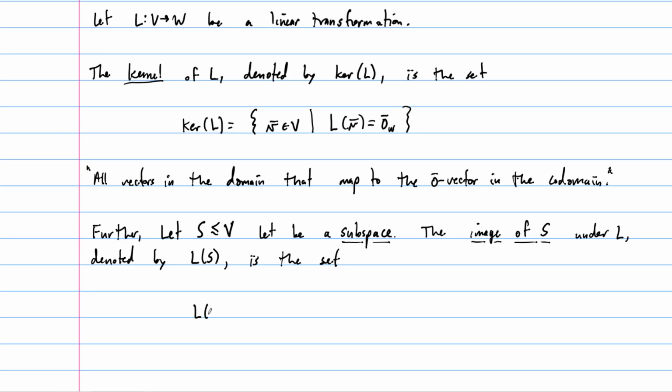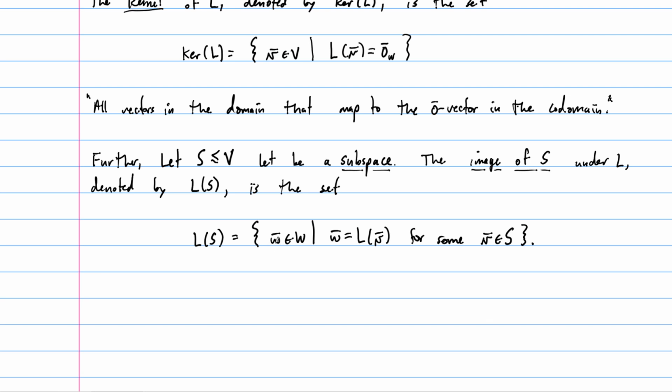L of S is going to be all the w in W such that w is equal to L of v for some v in our subspace S. All right, so what is this? This is the set of all the outputs of the map L when it's applied to all the vectors in S. So you apply L to the entire subspace S. You can think of it as doing it all at once or one vector at a time, whichever works better for you. And then the set of all the outputs forms the image.